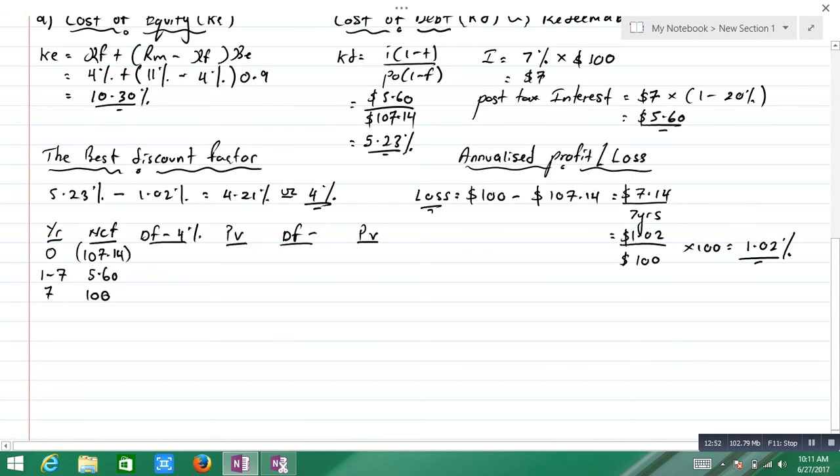Now use the annuity factor. I'm not going to do that calculation here like what I did for the previous question. I already showed you many times in the class and in the tutorial question, how to use the annuity factor and so on. So I'm not going to show here. I'm going straight into the answer over here.